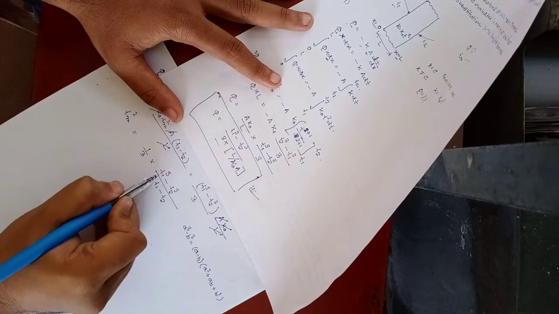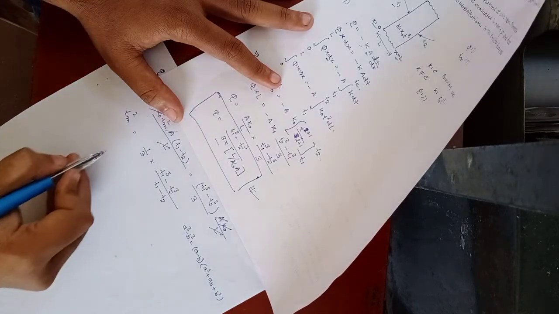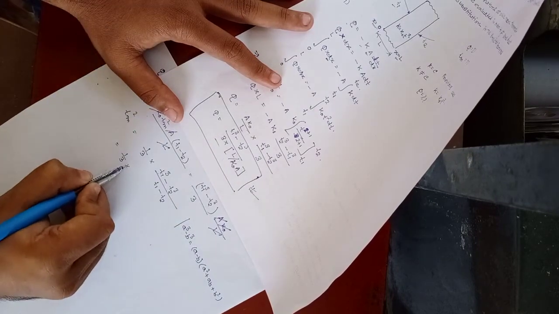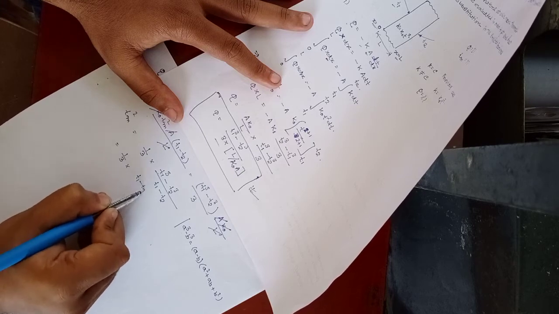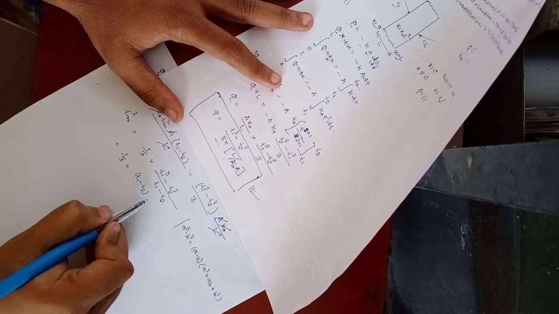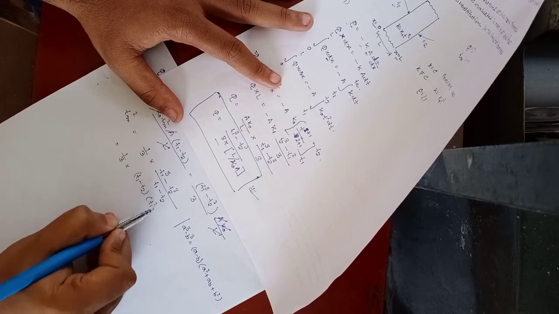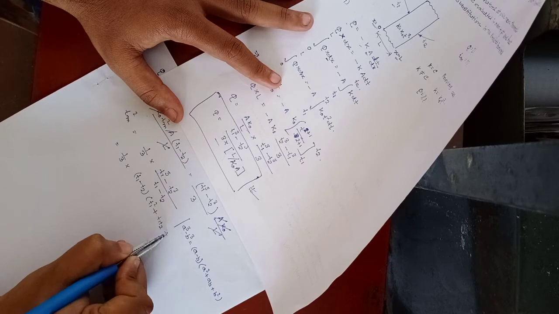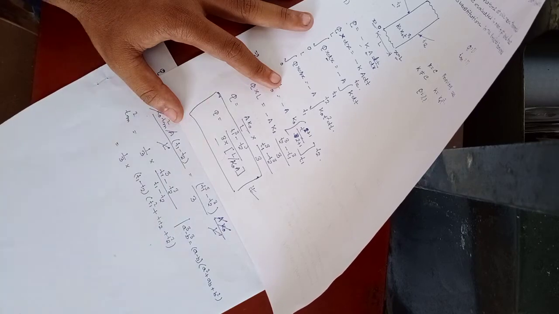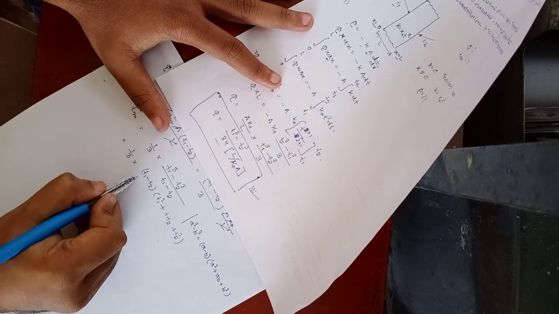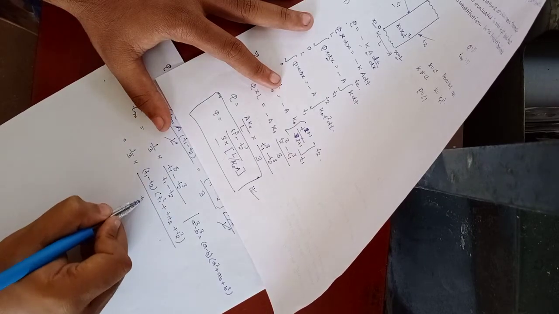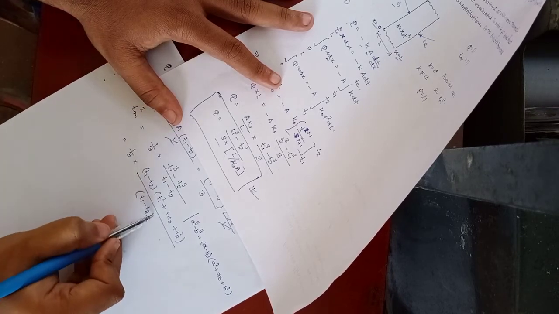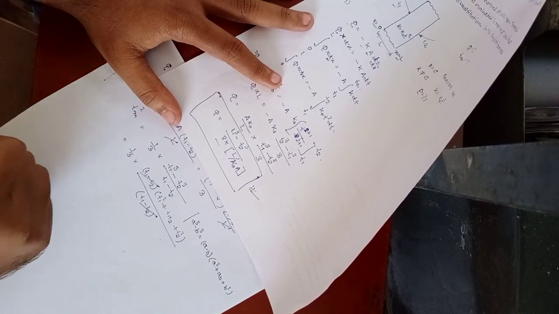So here T1 cube minus T2 cube will follow this equation. We can write 1 by 3 multiplied by T1 minus T2 into T1 square plus T1 T2 plus T2 square, and in the denominator we have T1 minus T2. So these two, T1 minus T2, will cancel.